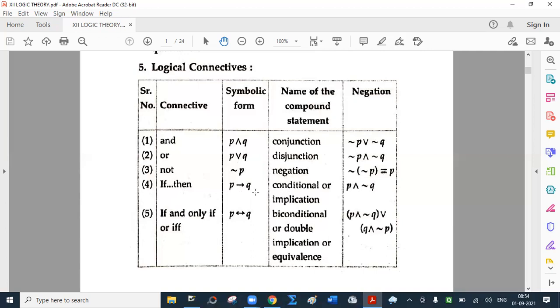And this is the symbol. How to read this? P implies Q. And then if and only if. This is called biconditional or double implication or equivalence. And this is the symbol for the 5th logical connective, if and only if.